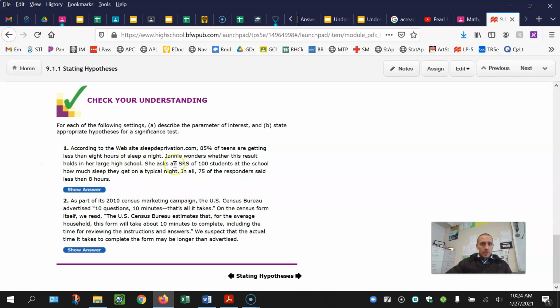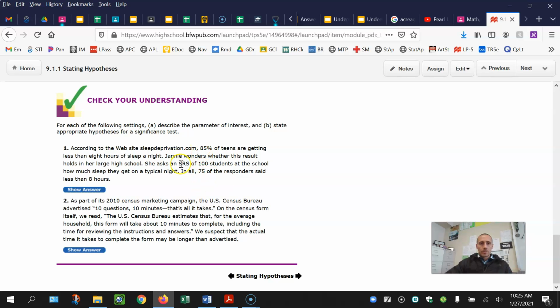Okay, in this first one, we are looking at the percent of teens who are getting less than 8 hours of sleep. So the parameter would be p, the true proportion of teens who are getting less than 8 hours of sleep. And the null hypothesis would be p equals 0.85.